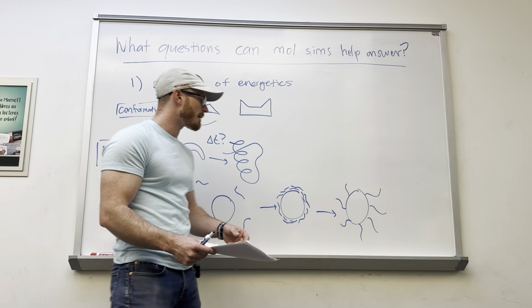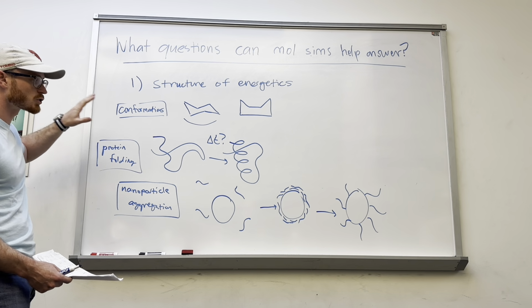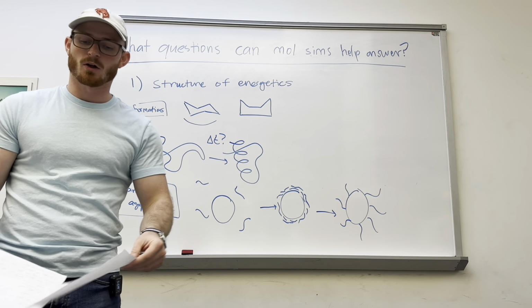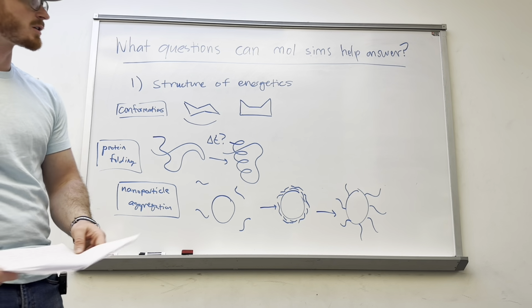So you can imagine there's a lot of examples of when molecular simulations are going to be extremely important to helping us understand how atoms and molecules structure themselves and how they're most likely to structure themselves.